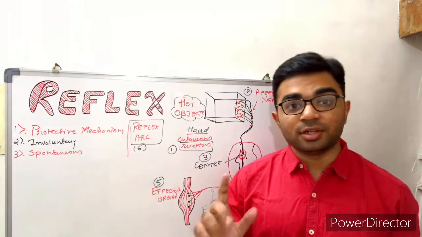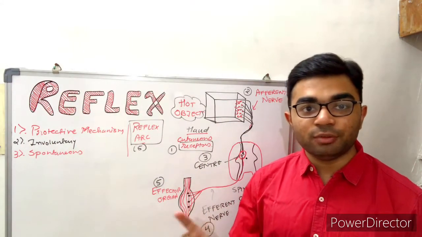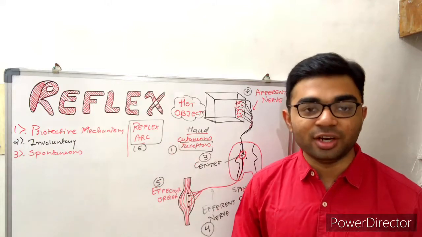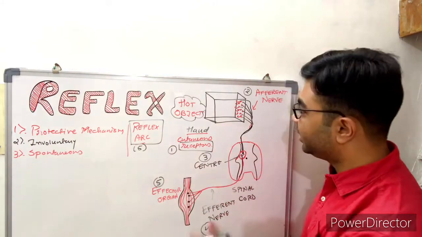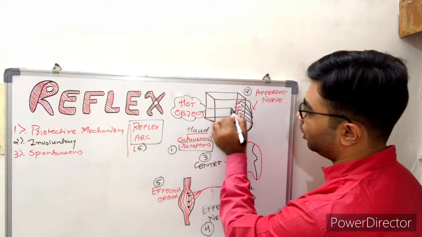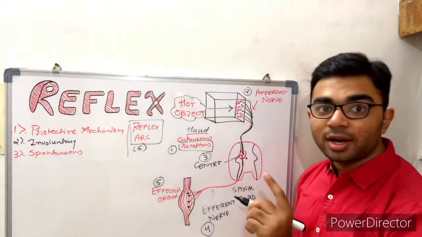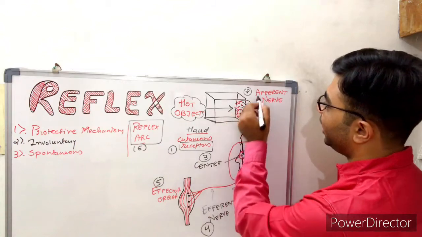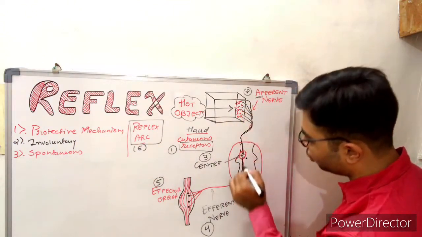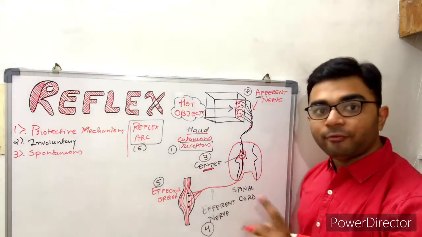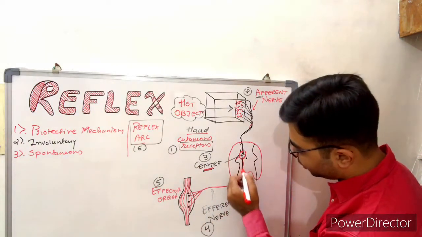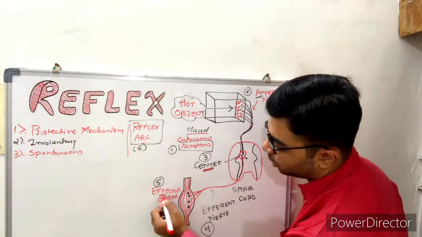But the first receiver of this sensation is the receptors present in the hand. The receptors are the first receiver which receives the thermal sensation. Then it is carried by the afferent nerve toward the center, or I can say the spinal cord. From the spinal cord, sensations are again carried to the effector organ.